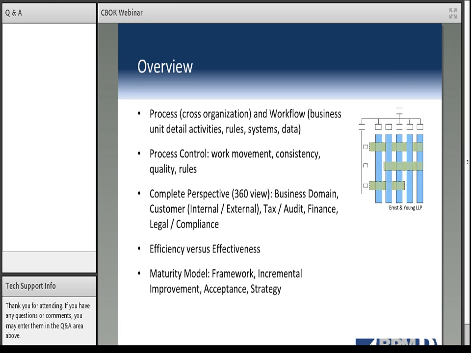So when we say process view, we're looking cross-organization, versus workflow, which is really the detail within each siloed organization: what are the actual activities, rules, systems, and data that support the execution. So you can think of the process as composed of a lot of different individual workflows.